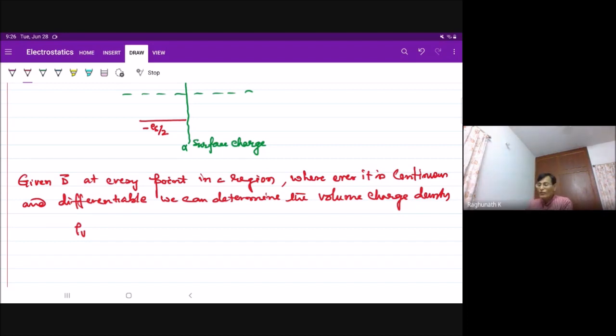What is rho v? We know very well. This is what I was telling. We have a huge advantage in understanding this.